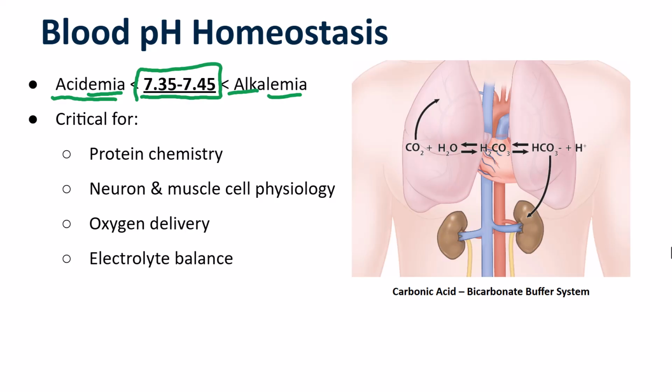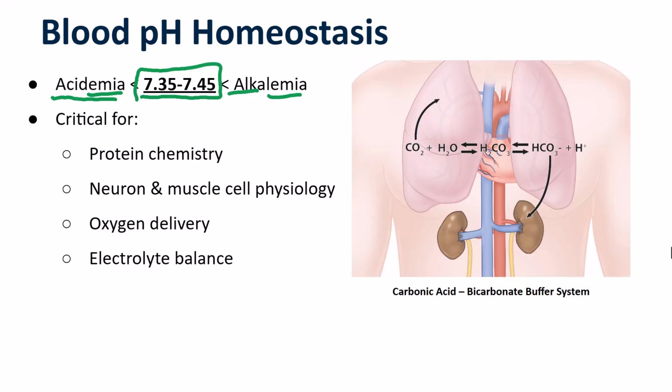And it's very critical that your body maintains a blood pH homeostasis because this is necessary for protein chemistry. Moving into acidemia or alkalemia can either not allow proteins to function optimally, or they may begin to denature and not work.